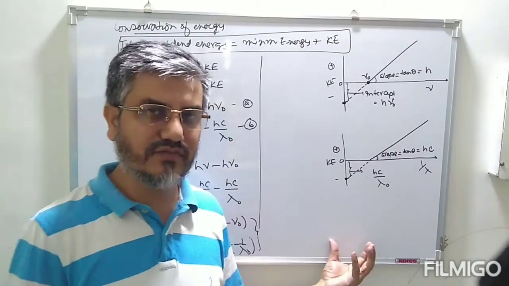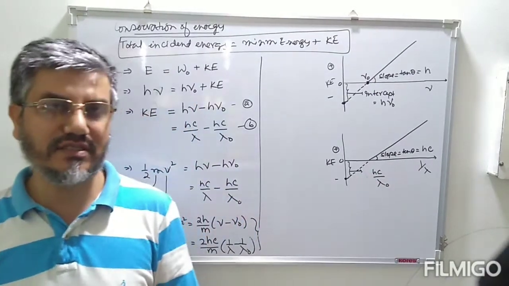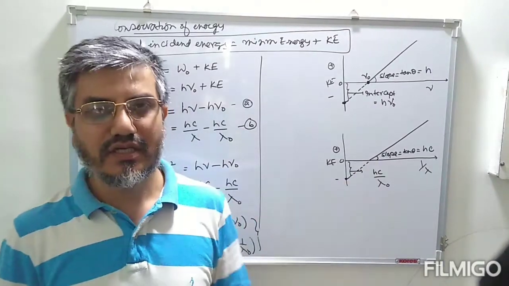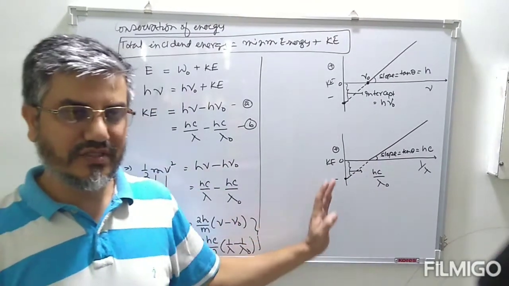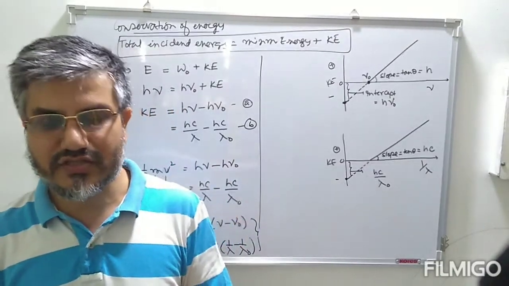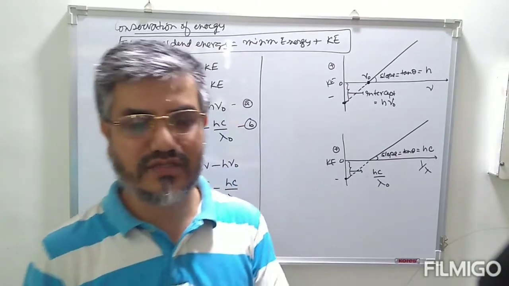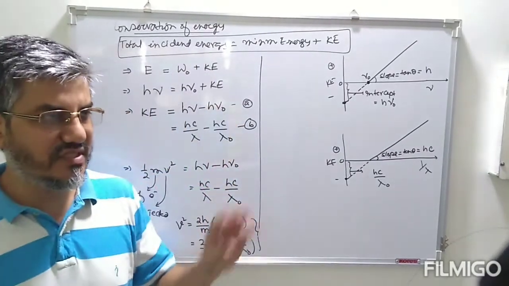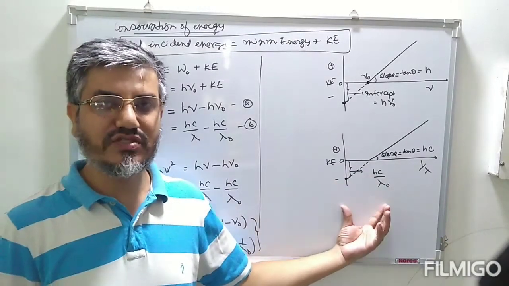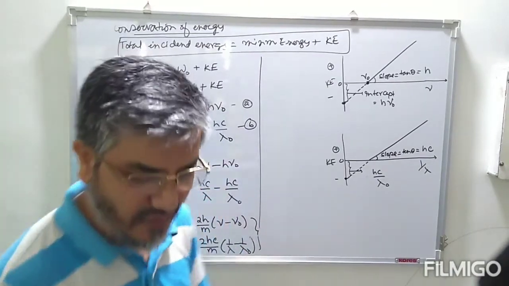Cesium is the metal having the lowest value of ionization energy. So cesium finds application in photoelectric cells because it has the least value of ionization energy. Least energy is required for ejection of electrons from the surface of cesium. So cesium is used in photoelectric cells because its ionization energy or work function is least.